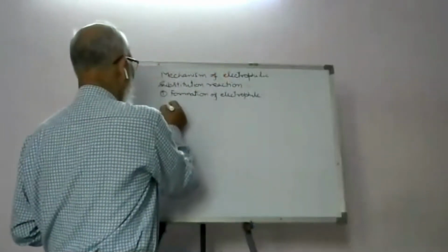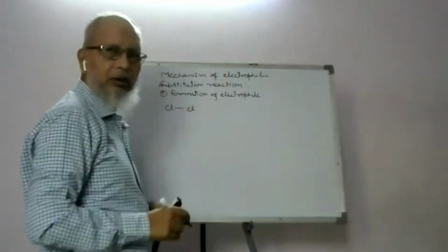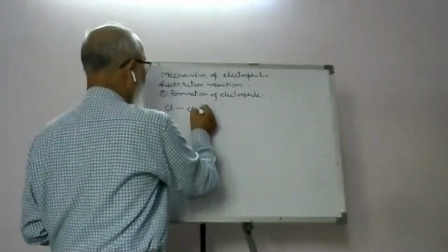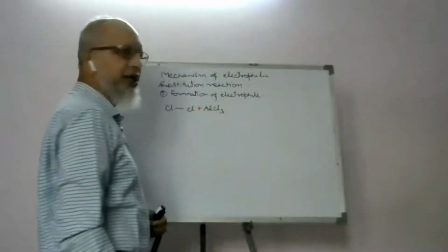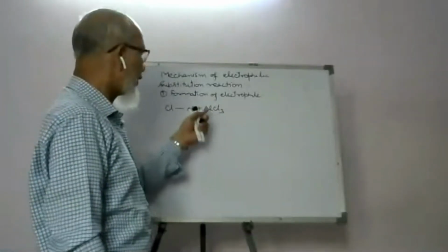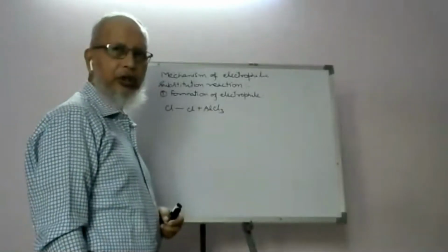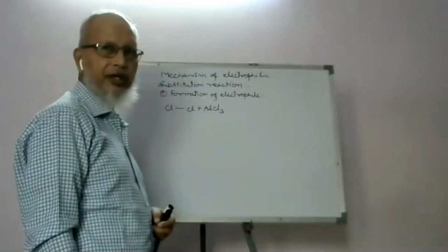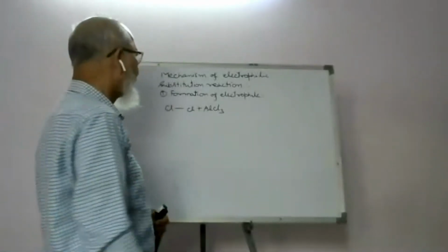So this Cl2 is a non-polar compound, but on account of the electron deficient nature of AlCl3, which has only 6 electrons in the outermost orbit of the aluminum atom, it has a tendency to accept at least a pair of electrons, and hence it acts as an electrophile.